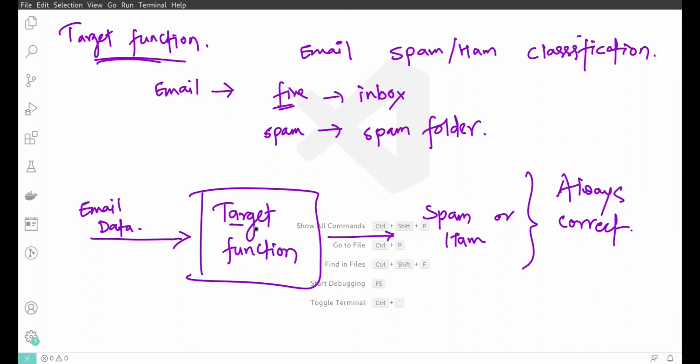So the target function is basically our ideal function that we need to find out, so that whenever we send any email data or any input data, it will always give us the correct answer that we need. This cannot be incorrect, it will always be correct. So this is our target function. We cannot find it directly, but we assume that there is a certain target function which can be found out, which will always be correct.